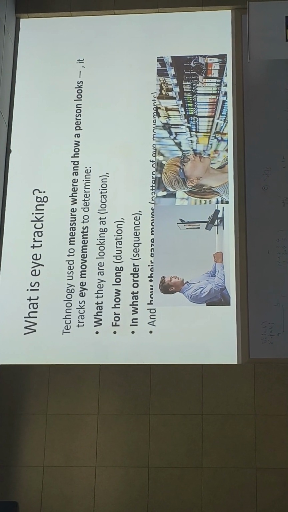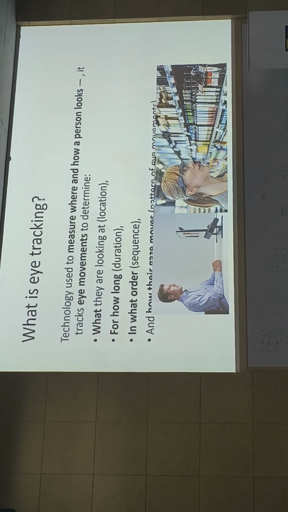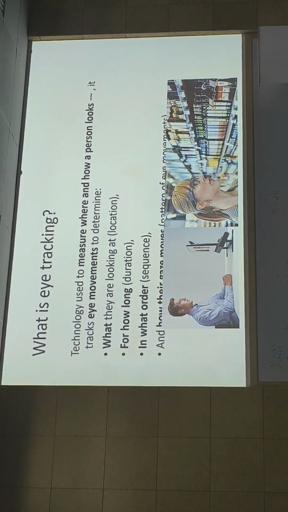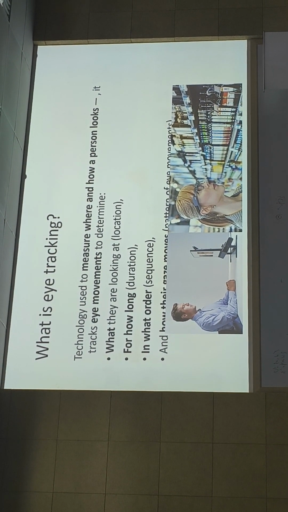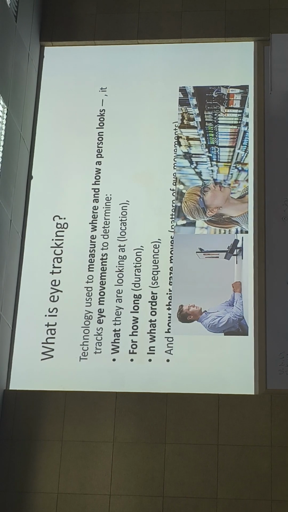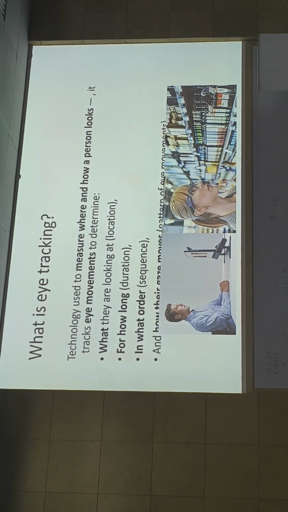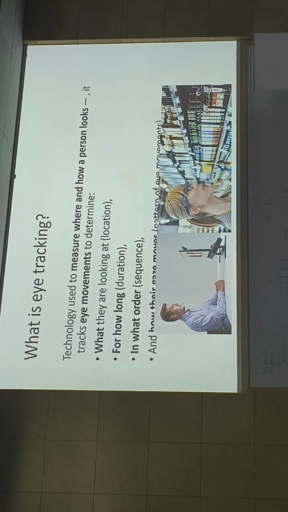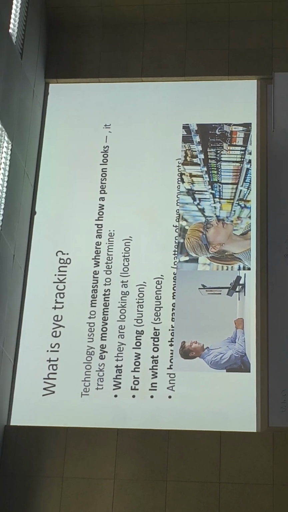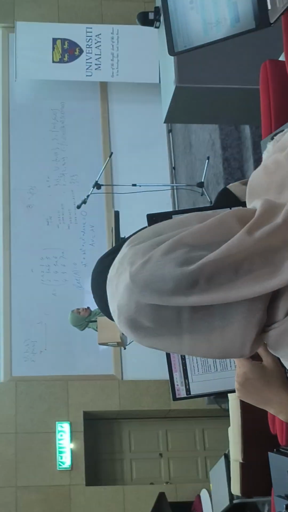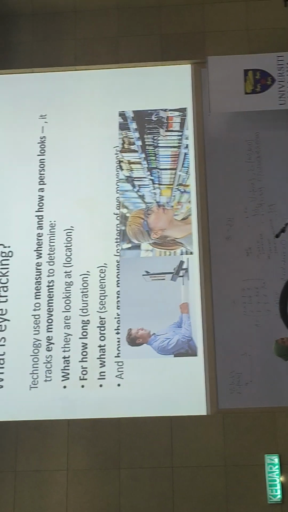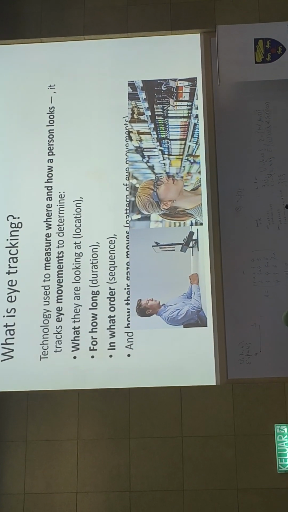When we talk about eye tracking, the general idea is to look at where people are looking, what people are looking at, how long they are looking, and the order of their eye movements.